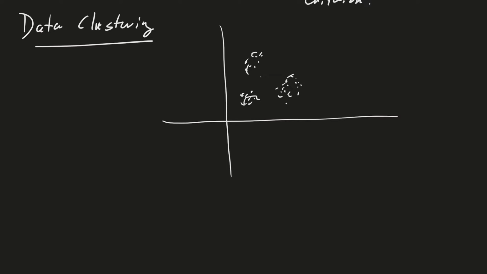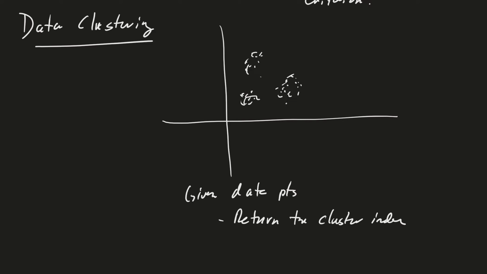And if there are, then we'd like to know which points belong to which group. So in the general case, we're just given data points, and we return the cluster index, maybe I should say. Okay, so we'll talk about that more in a second.